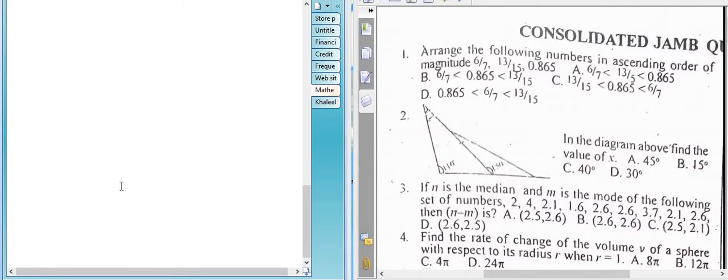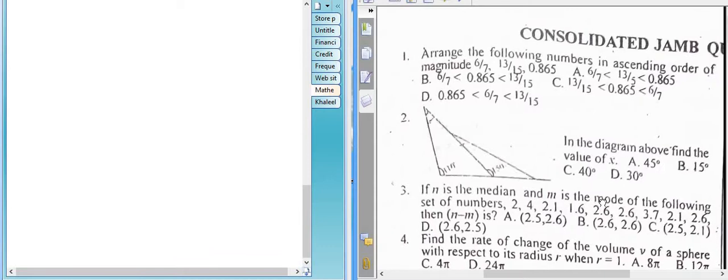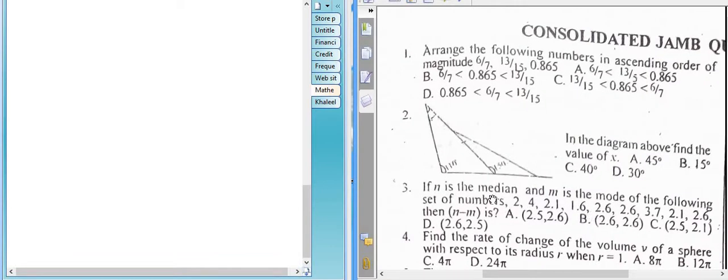Okay, so question number 3 says if n is the median and m is the mode of the following set of numbers, that is 2, 4, 2, 1, 1.62, therefore n minus m is going to give you this. So we were asked to find the median and then the mode.